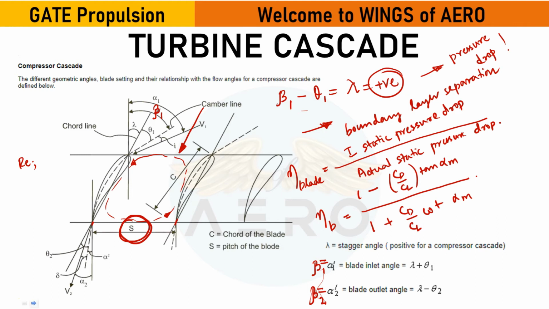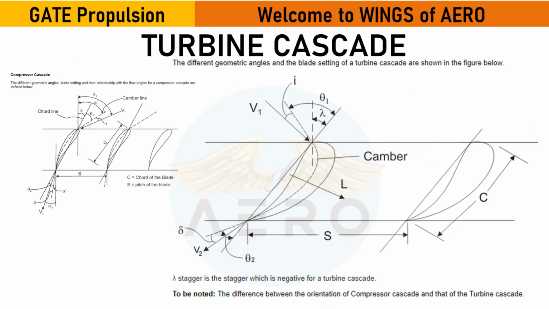Ma'am, what is the denominator? 1 plus CD by CL cot alpha m, where alpha m is the mean air angle. Yes, ma'am, done. Fine. Let's move to the next part.